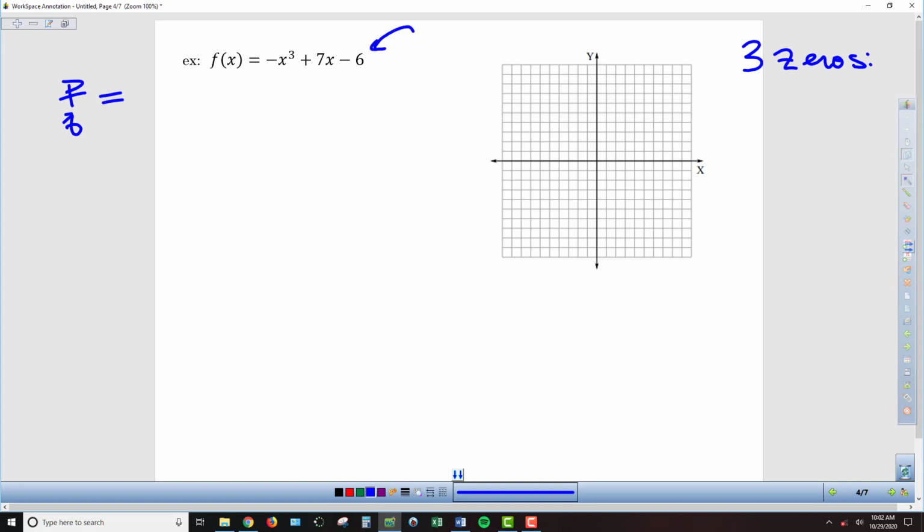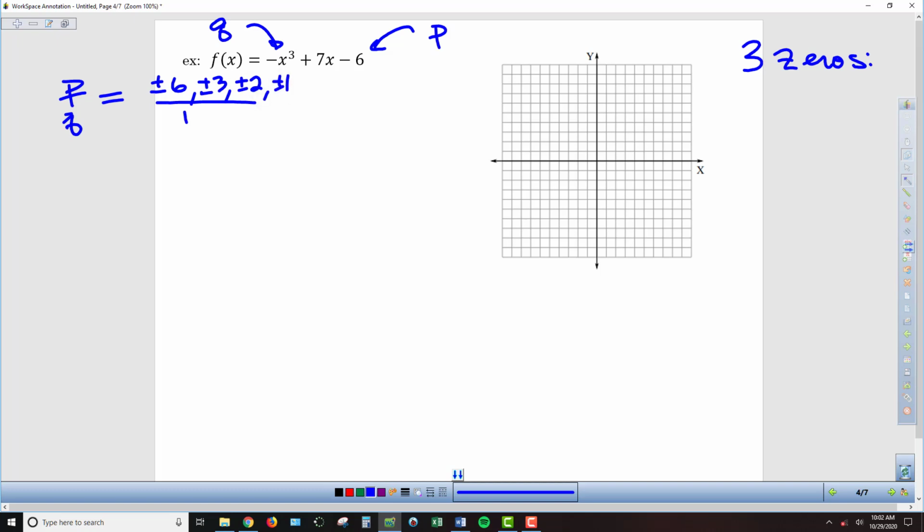Here our P factors are going to be generated from the -6, and our Q factors are going to be generated from the -1. Again, we're fortunate that we have a 1 as a coefficient. Even if it's negative, that doesn't change much for us. For our top, it's all the factors of 6: plus or minus 6, plus or minus 3, plus or minus 2, and plus or minus 1.